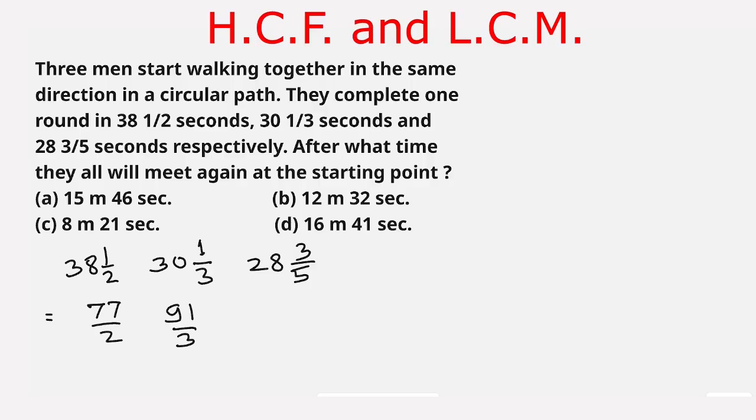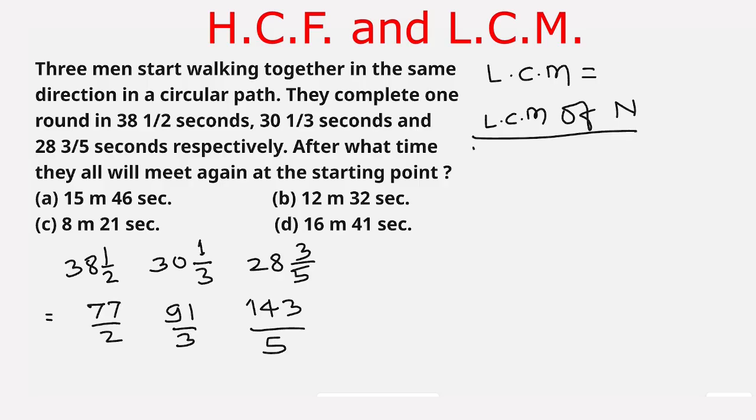And 28 whole and 3 upon 5 is 143 upon 5. The LCM equal to LCM of numerator, I am writing n for numerator, upon H.C.F of denominator, I am writing d for denominator.